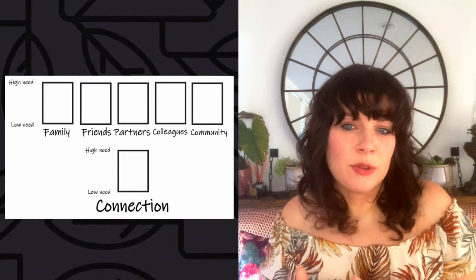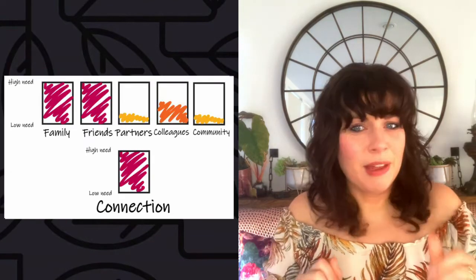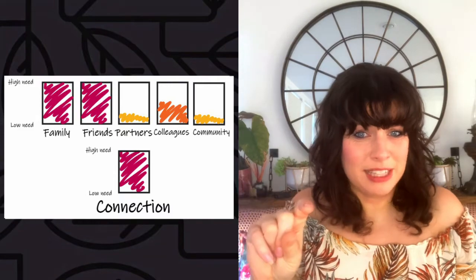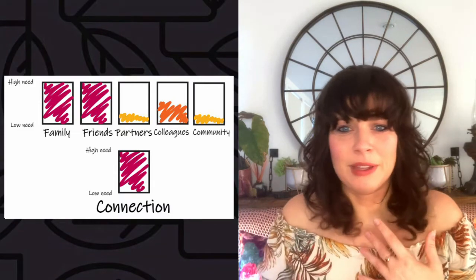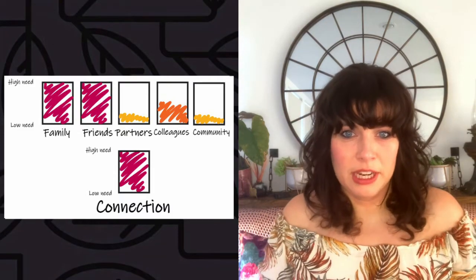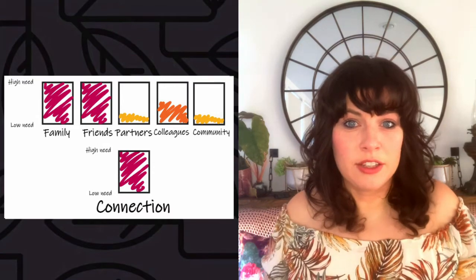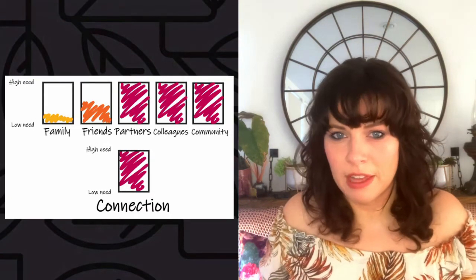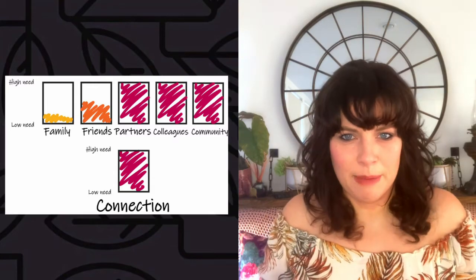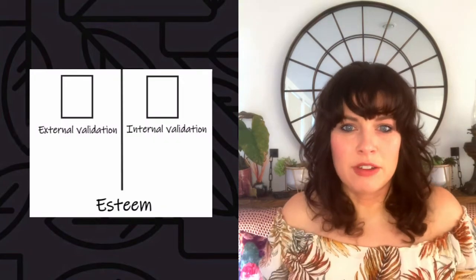So you can have a character who is all about the family and the friends, but then not at all interested in forming sexual partners or connecting with their colleagues or their local community. You can then have a character whose dials are inverted and they have no time for their family, are incredibly connected to their partner and their community. After the dials of social connection come those of esteem, the need to feel good about ourselves.